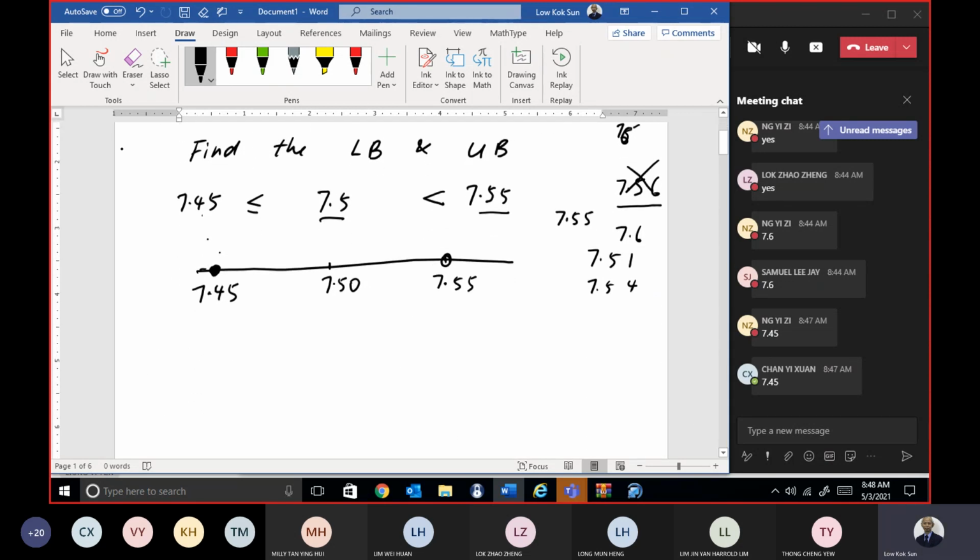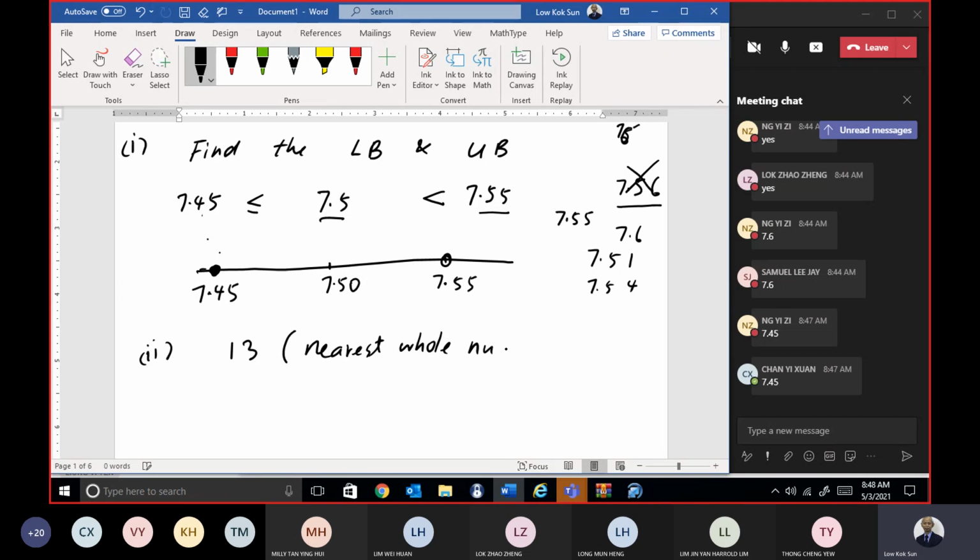Now, for example, if I were to draw a line, let's say I put 13, and we are told that this 13 is the result of correcting to the nearest whole number.